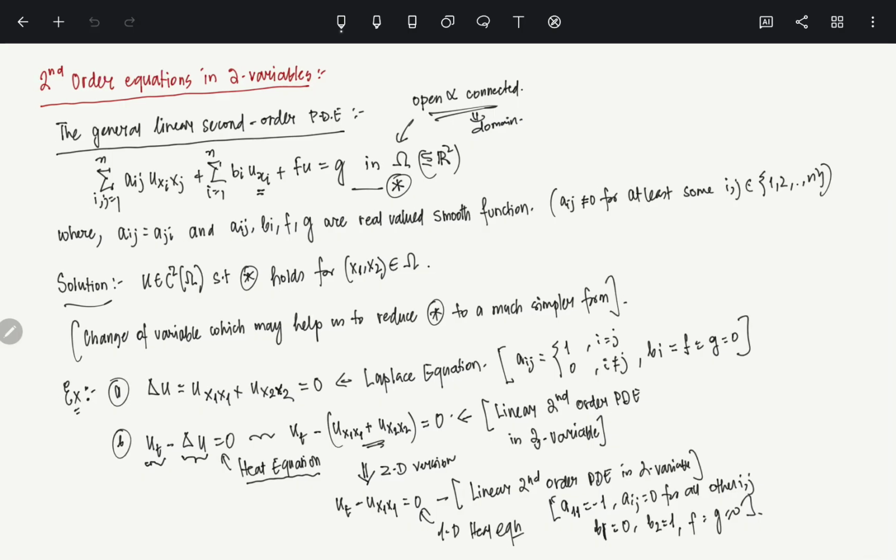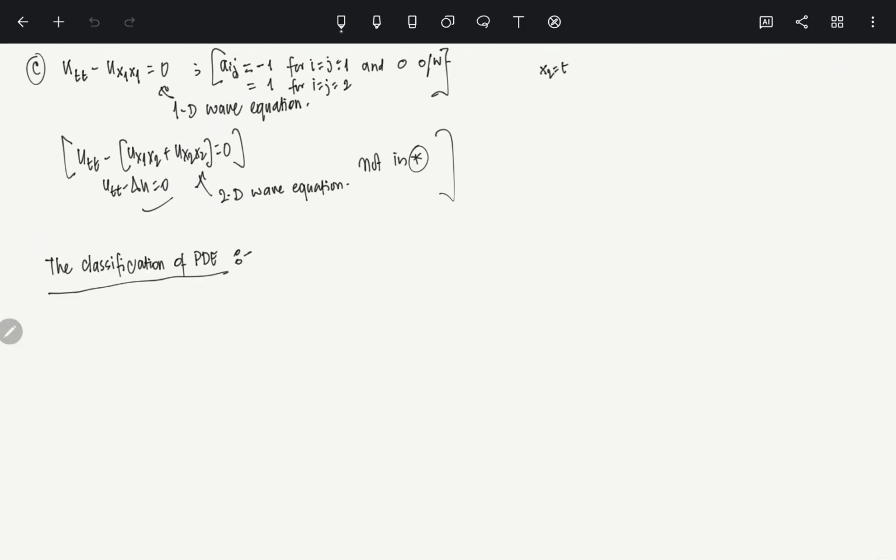So first of all, the general form star can be written in a much simpler form, which is easier to comprehend: A u_xx plus B u_xy plus C u_yy plus D u_x plus E u_y plus F equals 0.